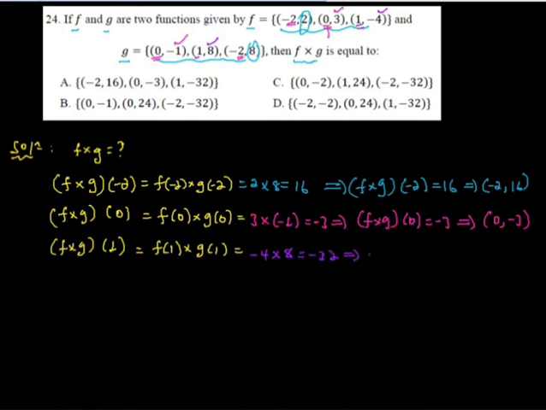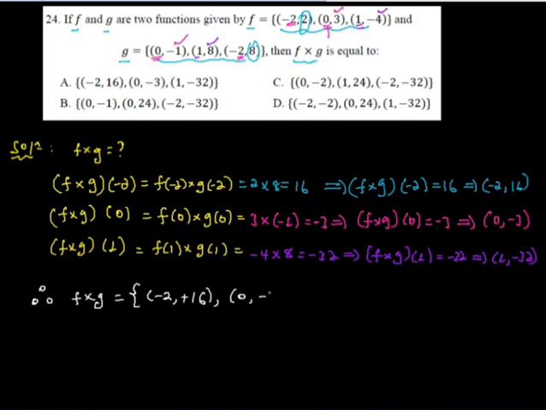So this implies f times g at 1 becomes -32. Therefore (1, -32) is an ordered pair of f times g. Therefore f times g will be the set of ordered pairs (-2, 16), (0, -3) and (1, -32). Okay, this is the answer for question number 24.